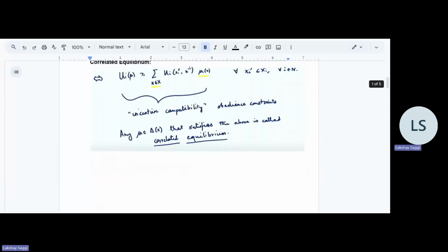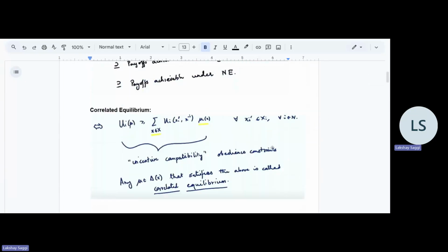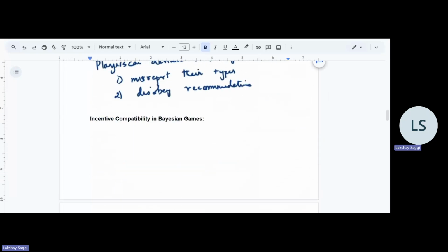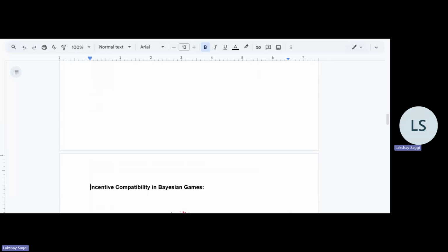So as we defined incentive compatibility or obedience in correlated equilibriums, a similar thing can be defined in Bayesian games also, and the definition is just the same.